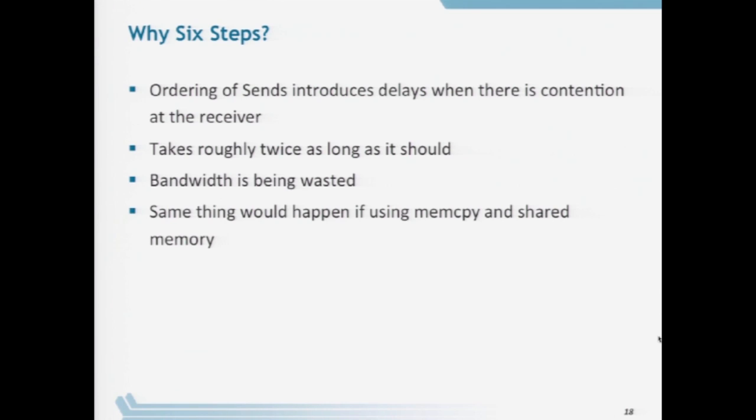And I should mention, you can say, oh, this is all this point-to-point stuff. In shared memory, you don't have to worry about this. In some ways, shared memory is worse. What if I had written memcopy there instead of send? Well, the semantics of memcopy is blocking, right? And memcopy doesn't return until it is copied to memory. So if I had written this as shared memory code, the same problem would happen because I would be rushing data into a target node faster than the target node could accept it.